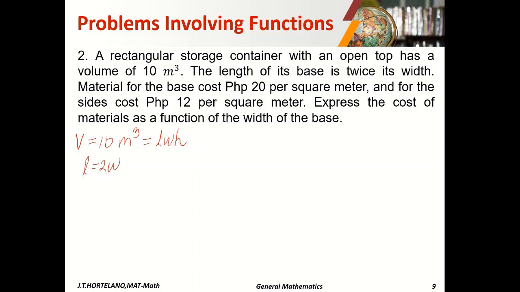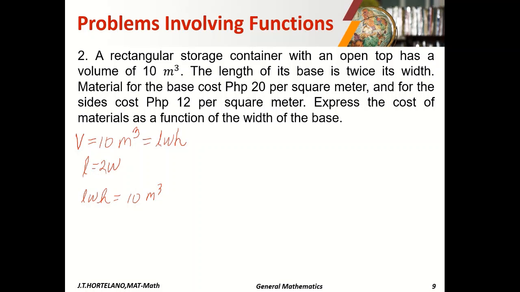Okay, so what will happen next? Pwede ko itong pagpalitin ulit kasi they are also symmetrical. So I can write length times width times height is equal to 10 meter cube.